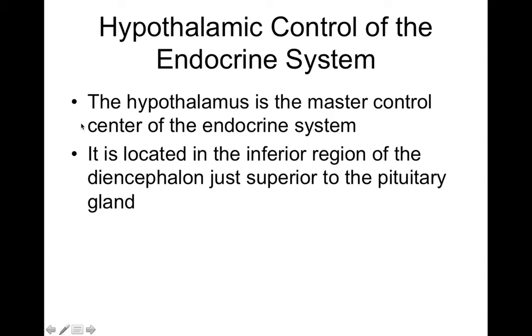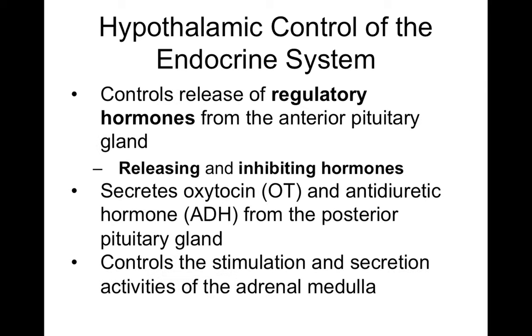Now, if you all remember, the hypothalamus was located on the inferior part of the diencephalon. It forms the inferior wall of the third ventricle, but it's attached to the pituitary directly by an infundibulum, or stalk. Now, the way that the hypothalamus controls the pituitary gland is by releasing what are called regulatory hormones, or RH for short.